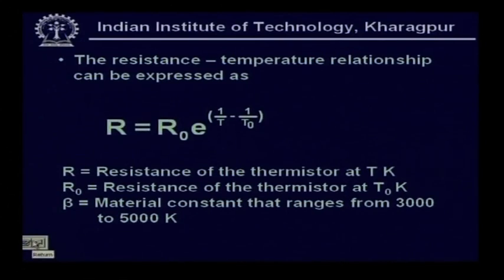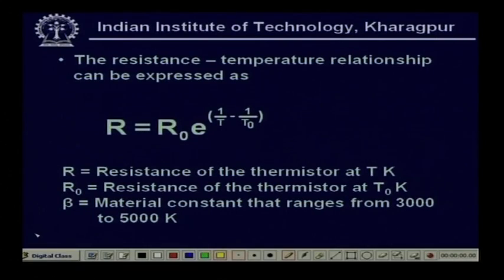In fact, I am sorry, there is a mistake. It will be beta multiplied by 1 by T minus 1 by T naught, because this is a unitless quantity.